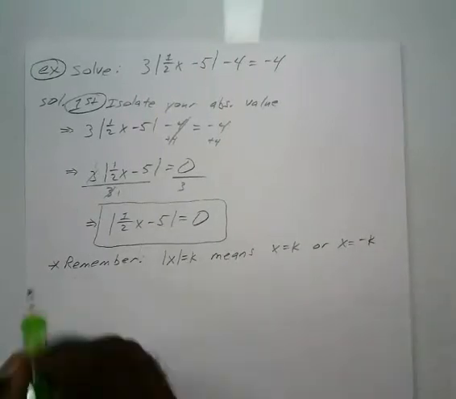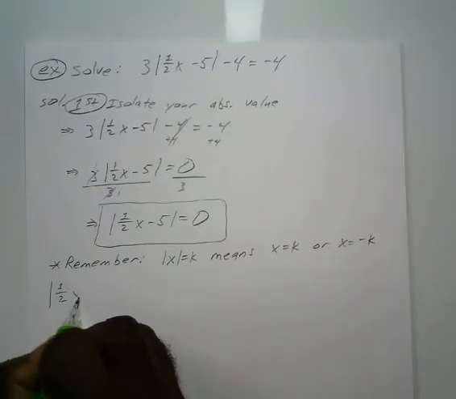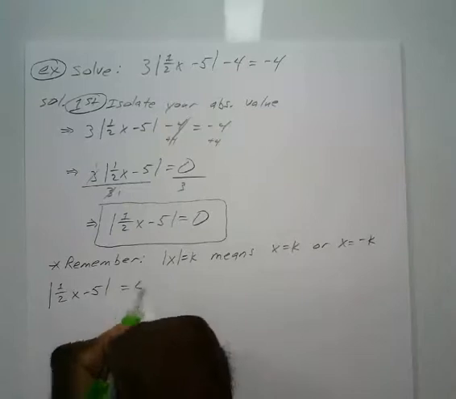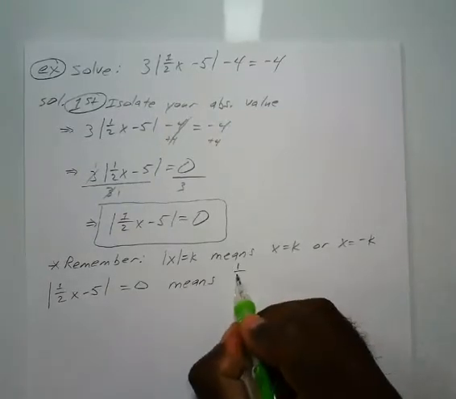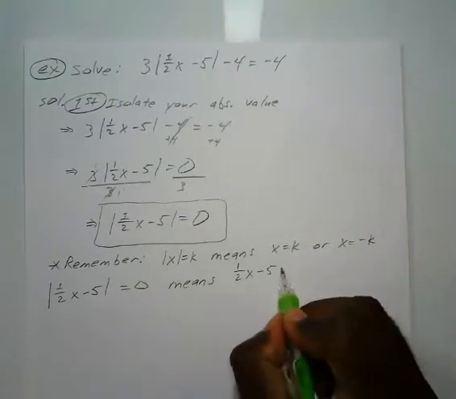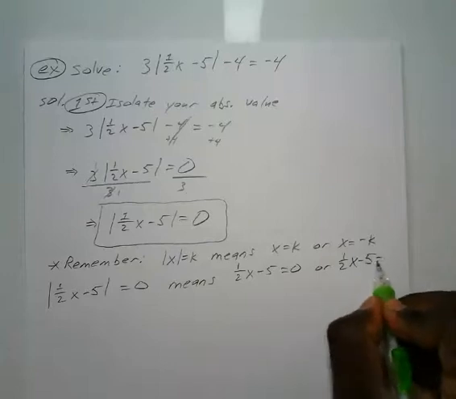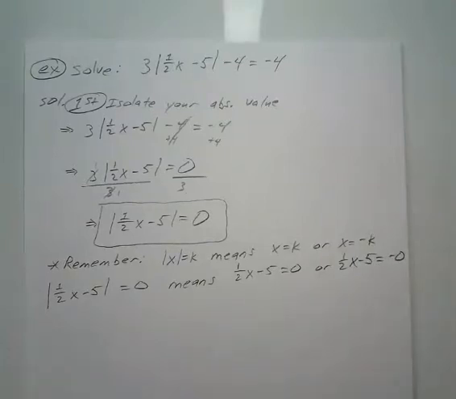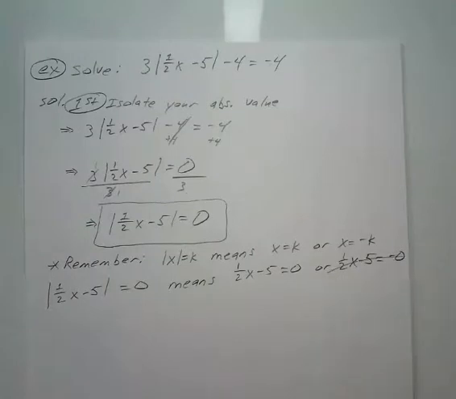Okay, so applying that to this problem, it means that the absolute value of 1/2 x minus 5 equals 0 means that 1/2 x minus 5 can equal 0 or 1/2 x minus 5 can equal negative 0. Okay. Now in this case, 0 and negative 0, the exact same thing. Negative 0 is just 0, so we don't have to solve it twice. We can just solve this one and we'll be okay.